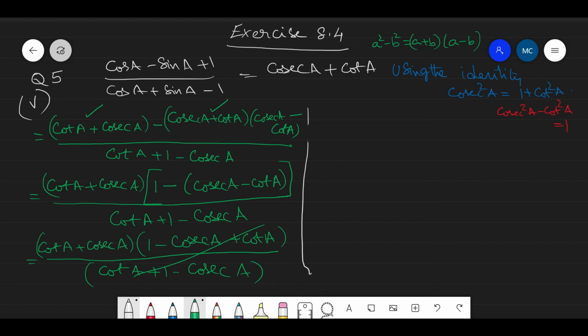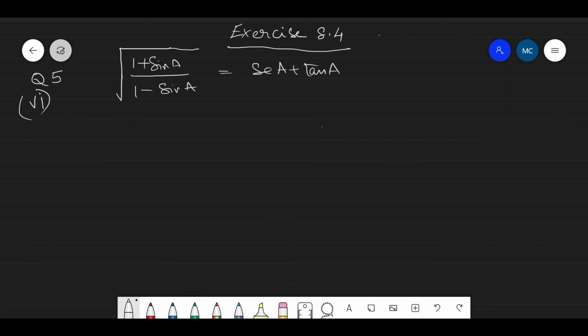Next you will be getting cot A plus cosecant A. So you are left with this, and this is your RHS. This problem is very important. Practice seriously. We will see the next problem.